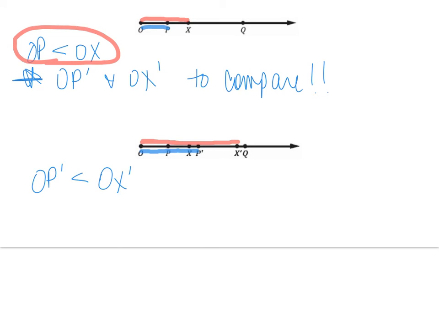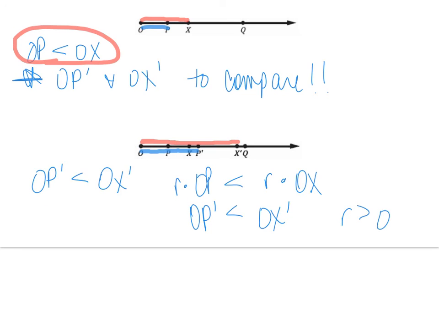And what we just did is I had OP, R times OP, is less than R times OX, which is the same as OP prime is less than OX prime. So I just multiplied both sides by R when R was greater than 0, and that's what it gives me. That's when R is greater than 1.